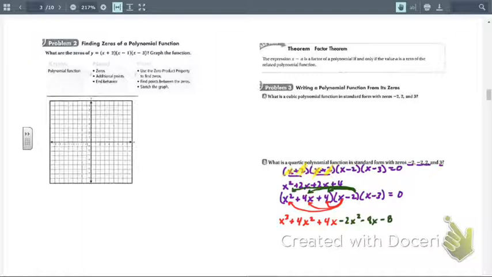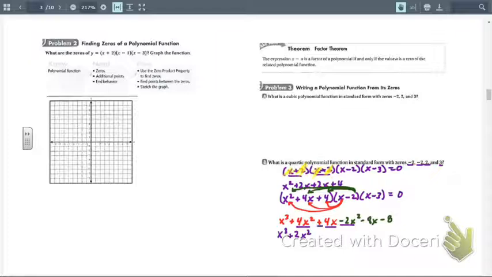Alright, so that becomes x cubed. Then we have a 4x squared and a negative 2x squared, so it's going to be a positive 2x squared.